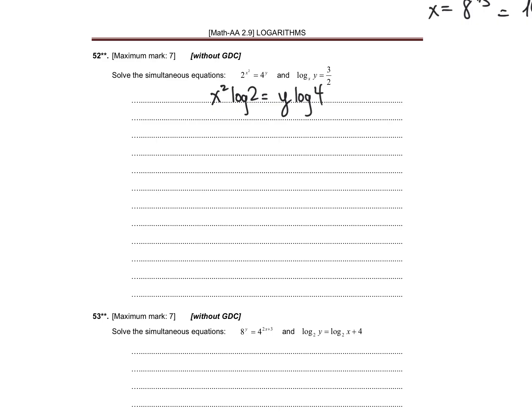So then we're going to have 2 to the x squared equals 2 to the 2y. So x squared equals 2y, and x to the 3 over 2 equals y for that one. So we can substitute.